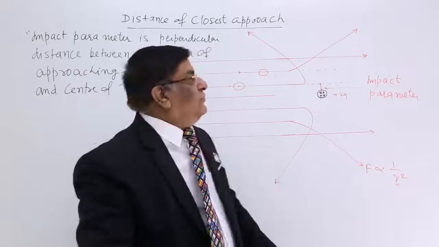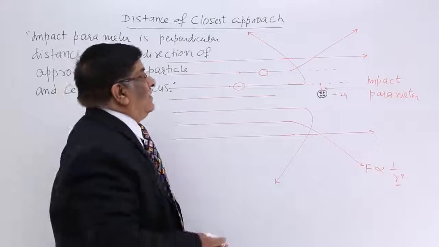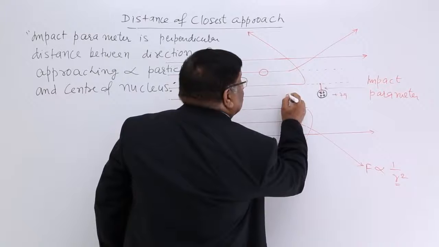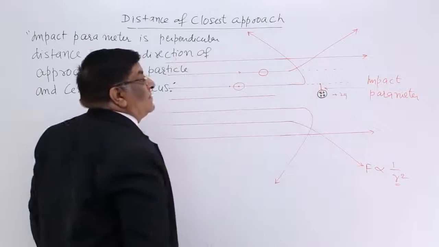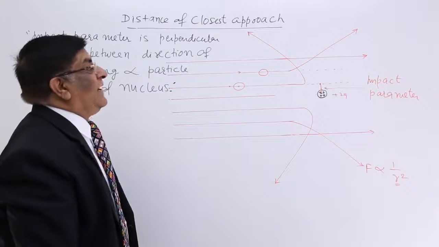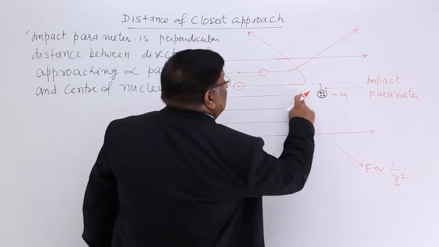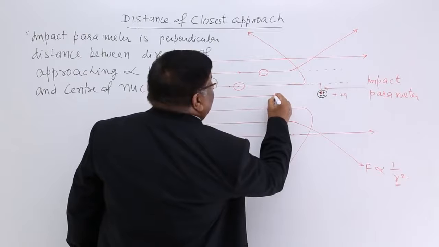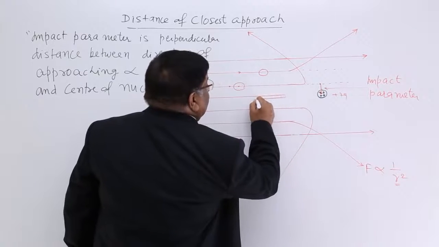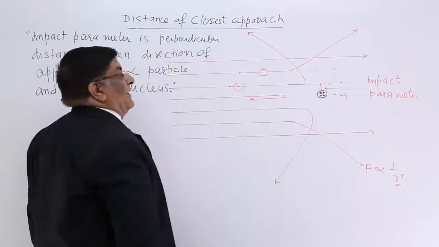Now we come to this particular one, which is going in the direction of the center, almost to the center. What happens to it? We see that it takes a complete about turn this way and returns back.